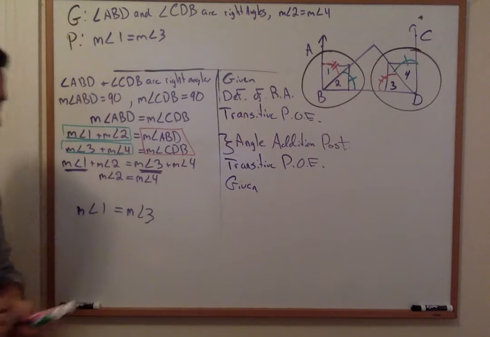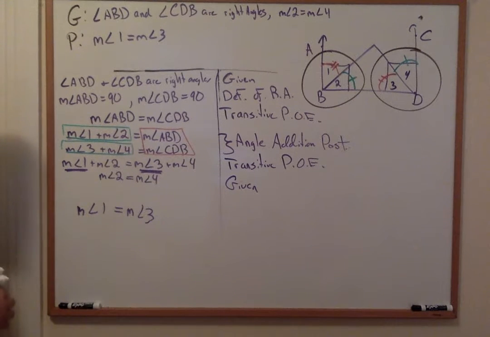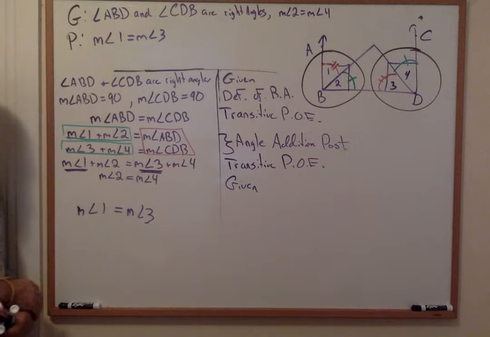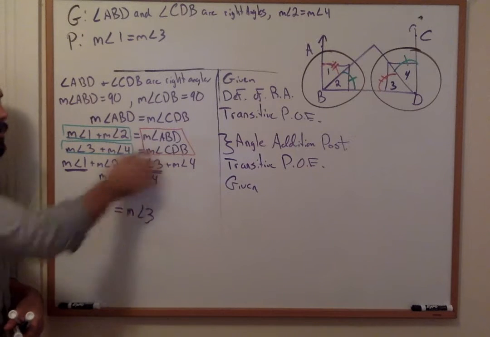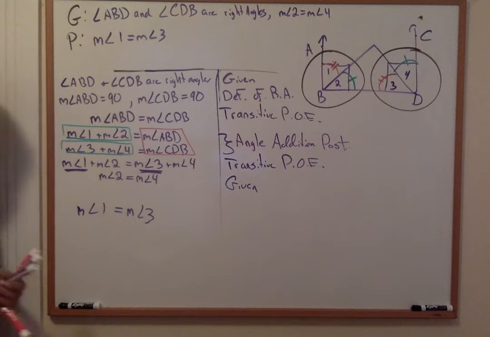Now, there are many in the math world that say, you know what? Since we've shown that 2 and 4 are the same thing, we can then subtract 2 and 4. But for our sake, I want you to replace one of them first.